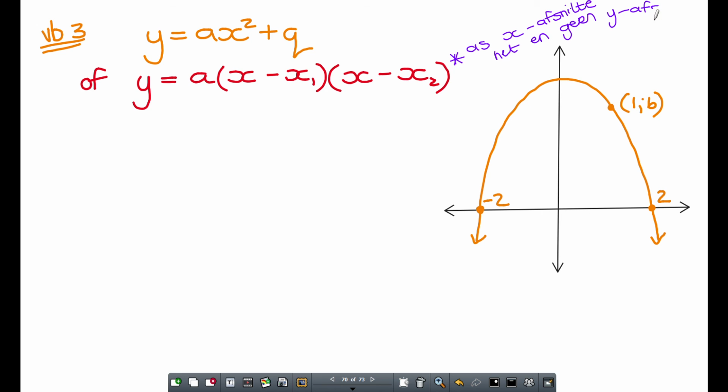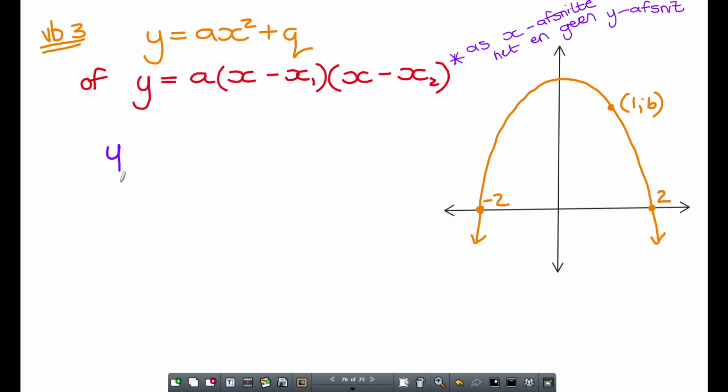Is nou baie lelik geskryf. Okay, so jy sal nou sien, in this example, I've got the x-intercepts, but no y-intercept. Nee. So, wat hierdie x1 en x2 is basically my x-intercepts. Okay, dis kom met x1 en x2 want daar is mos 2 afsnitte. Okay, so let's go and substitute in.